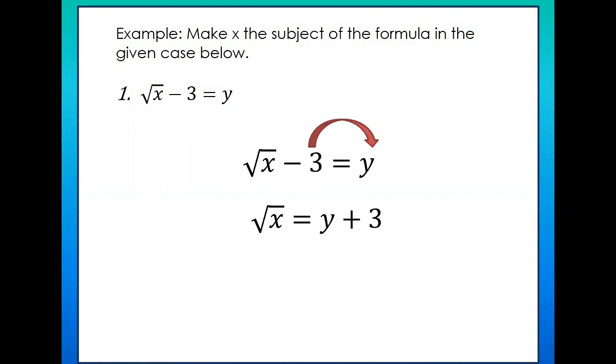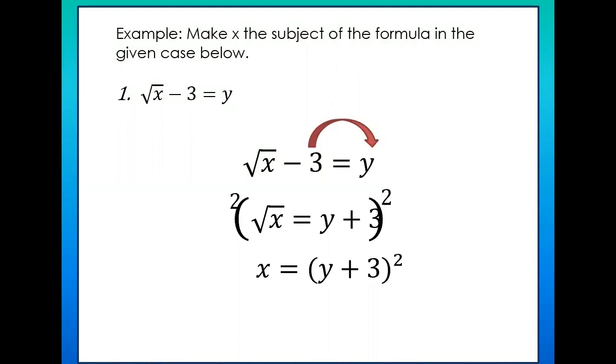So now we can go ahead and square both sides of the equation to cancel the square root in your x, because that is just the inverse function. So simplifying it, removing the square root symbol here, we have x is equal to open close parenthesis y plus 3 squared.